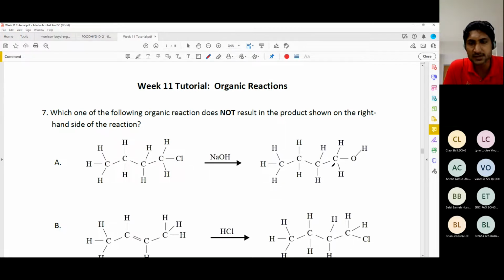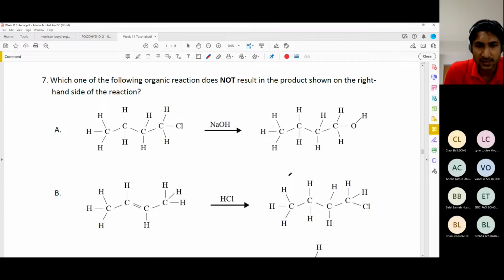So for A, it is methane, ethane, propane, butane: 4 carbons, and the chlorine is at position 1. So 1-chlorobutane. If I add sodium hydroxide, yes, the chlorine will be replaced. Hydroxyl will go in here, and it is happening.